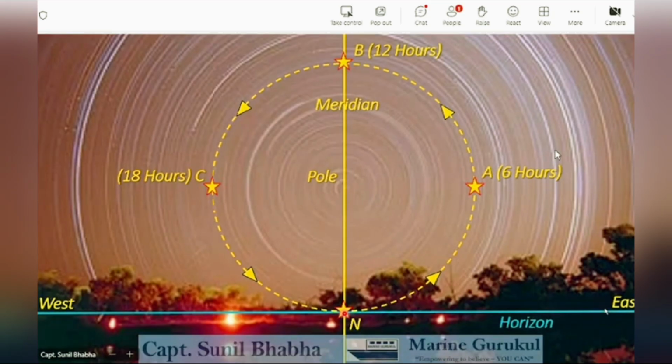Now, if our gyro star is making this kind of a motion, because of gyroscopic inertia, the spin axis is also going to follow the gyro star. So when you set it at point November, after 6 hours, as the gyro star comes to point alpha, our spin axis is also going to point towards point alpha.